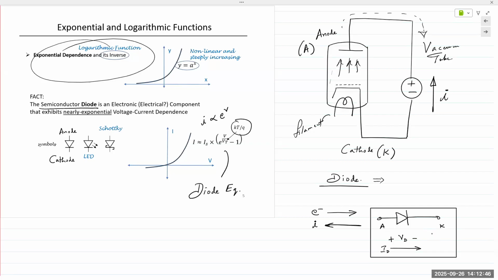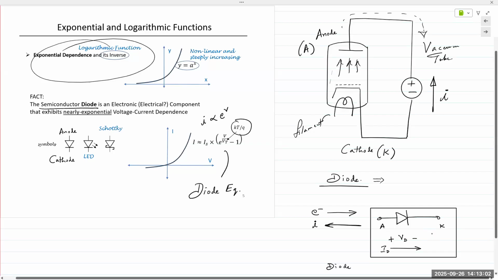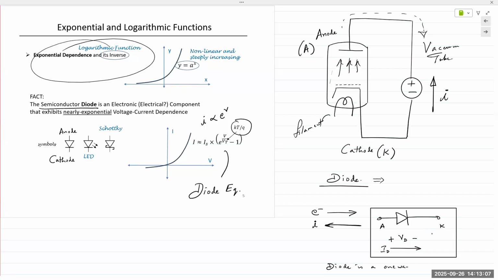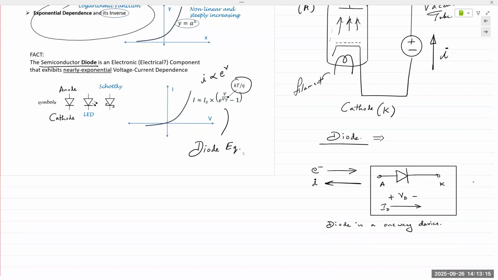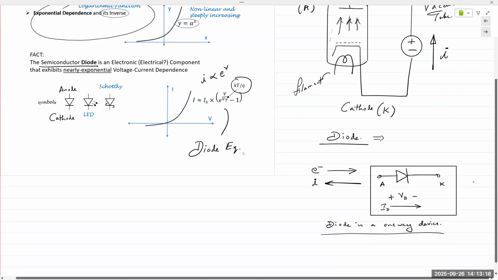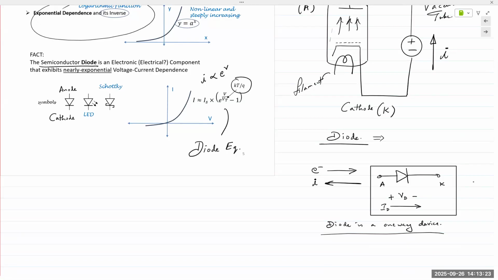So anytime we reference diode voltage, anode is positive, cathode is negative. Diode current, again, anode is positive, cathode is negative. And diode is a one-way device. That's important to note. And this one-way device has very important applications when we're trying to convert from AC to DC.